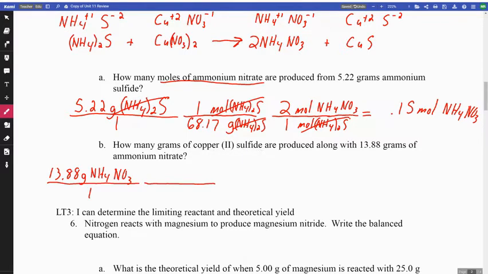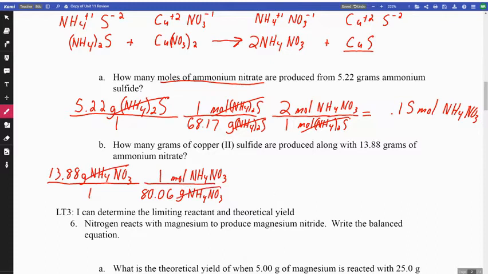So grams of NH4NO3 goes on bottom. We cannot go from that to grams of copper 2 sulfide, but we can go to moles of NH4NO3. Moles on top, not moles on bottom. So that's a 1. Grams, we put the molar mass. So that's 80.06.